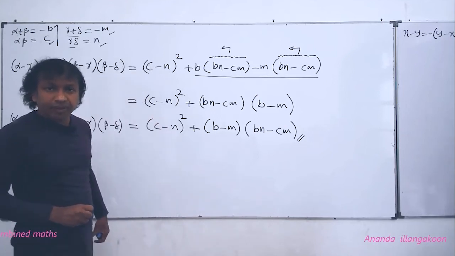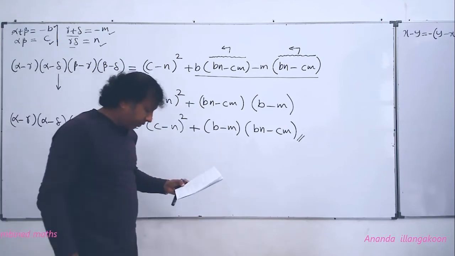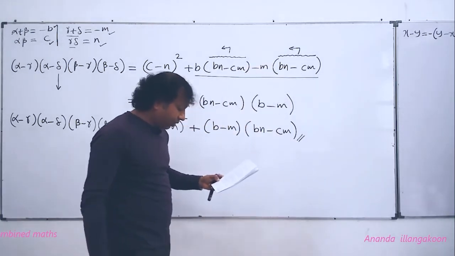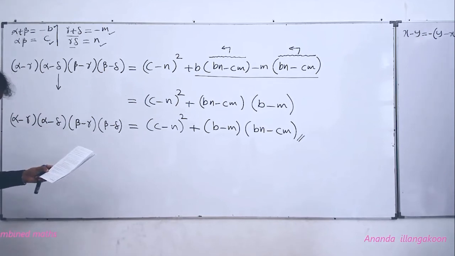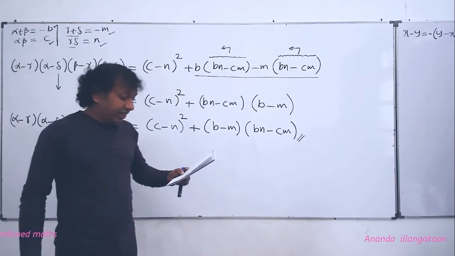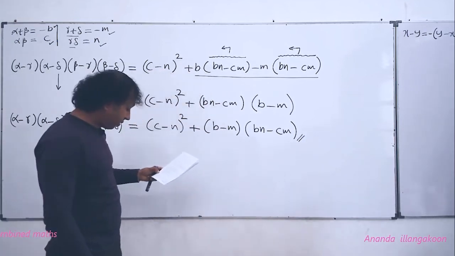Okay. Right, people. Now we got that. Deduce that equations x squared plus bx plus c equals 0 and x squared plus mx plus n equals 0 have a common root if and only if, see people, right?